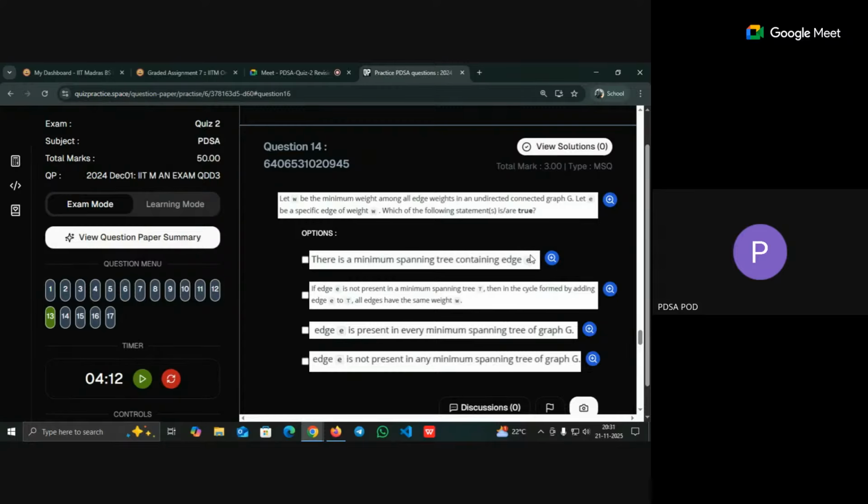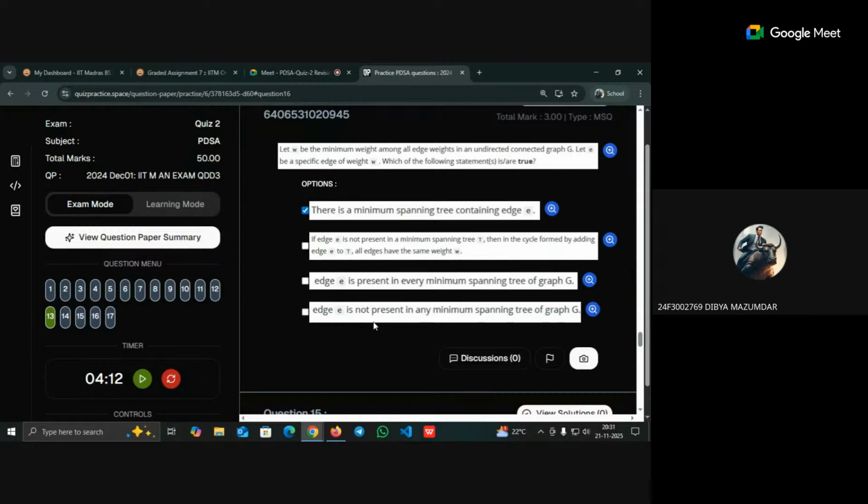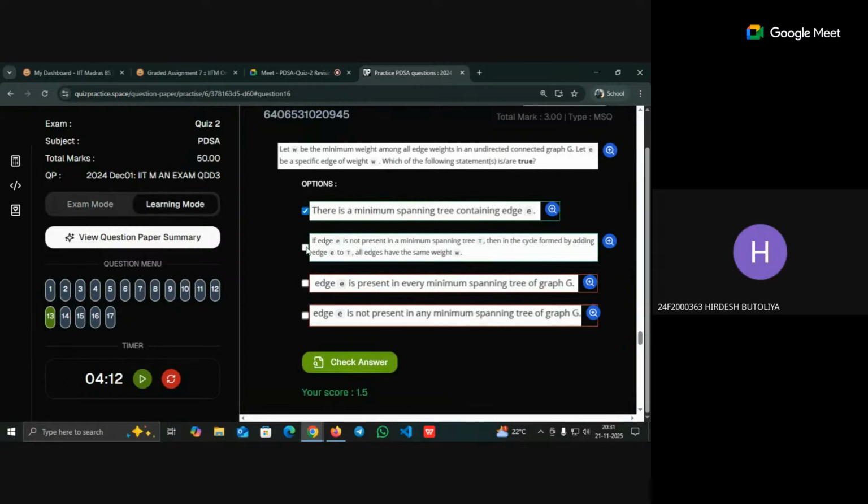Agreed. E is the edge with the weight W. See, it is not saying that every minimum spanning tree should contain the edge E. It is saying that there is some minimum spanning tree that contains the edge E. That is where you're getting confused.